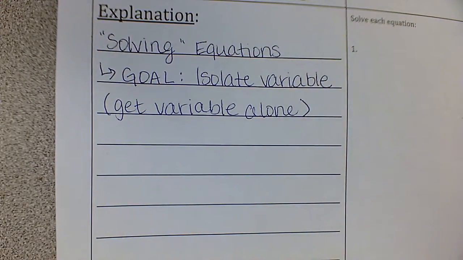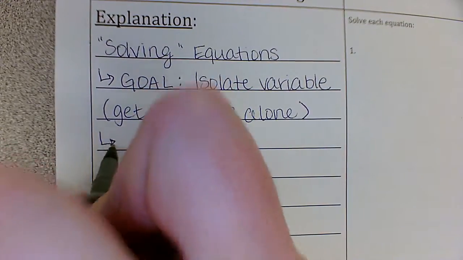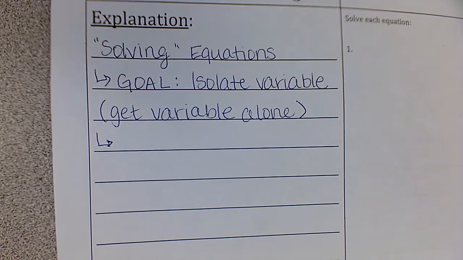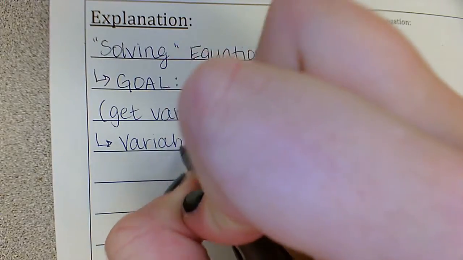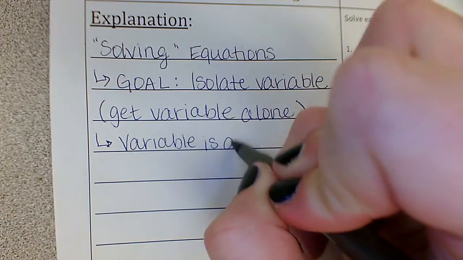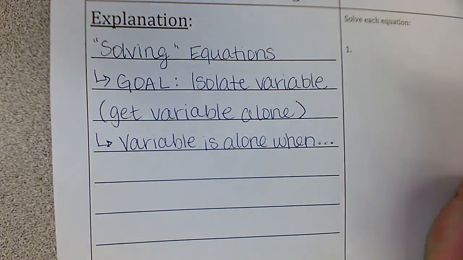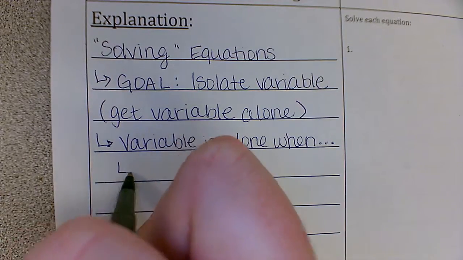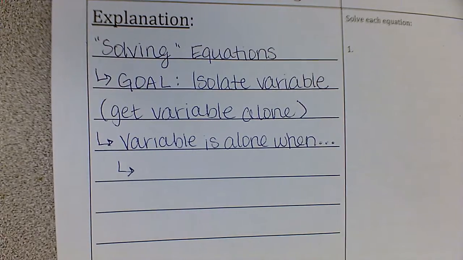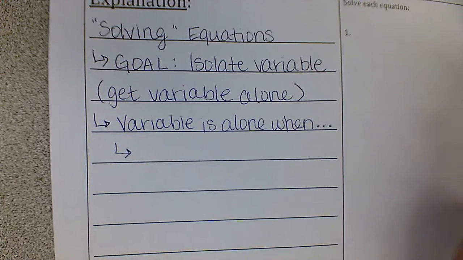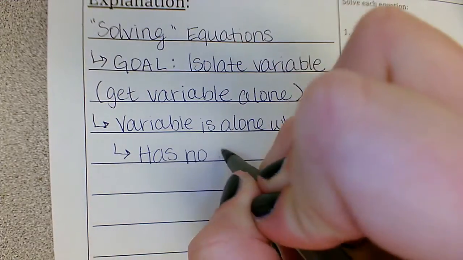Perfect. The next question is, what does it mean to get the variable alone and how do we know the variable is alone? The variable is alone when it has no coefficient.